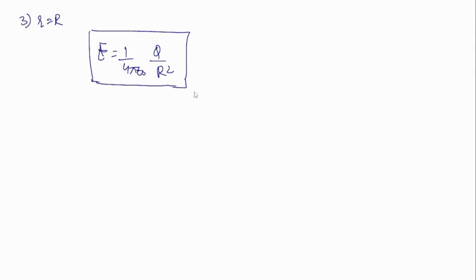From here you can also see one thing which I told you one or two videos before, the electric field near a conducting surface. If you consider this surface as having surface charge density sigma, then Q will be sigma into 4 pi R square.